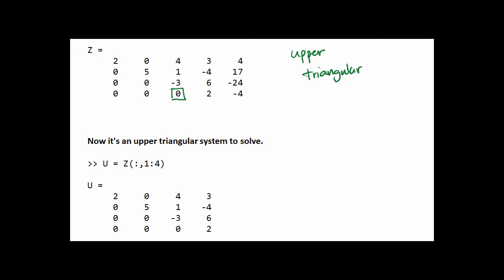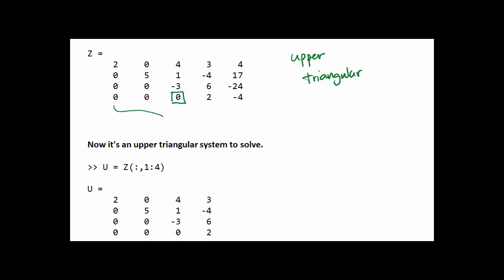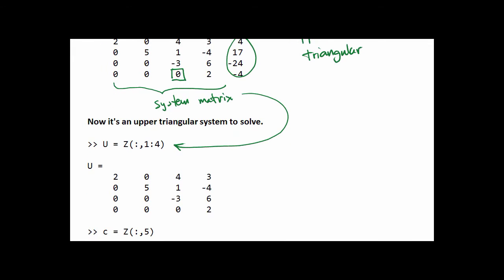So MATLAB style is to take this part as the system matrix now. Remember, this is an augmented matrix. So that's what we now call U, for upper triangular. This column represents the new right-hand side in our equivalent linear system.